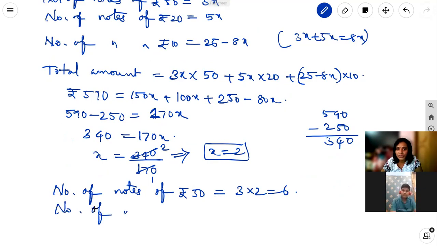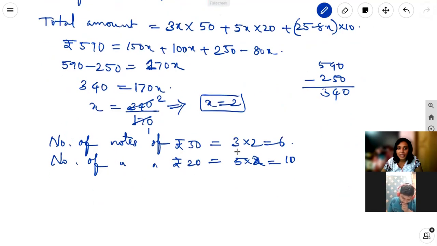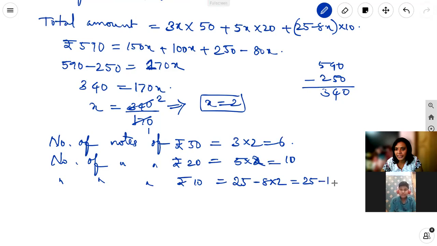The number of notes of 20 rupees is 5x, 5 into 2, that is 10 notes. Next, the number of notes of 10 rupees is 25 minus 8x, that is 25 minus 16 equals 9.